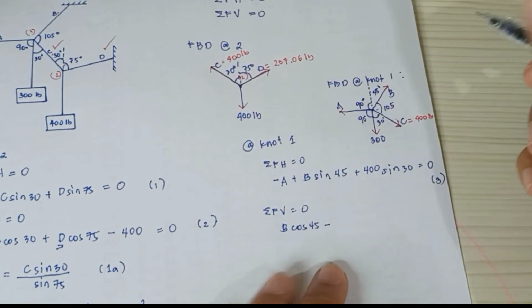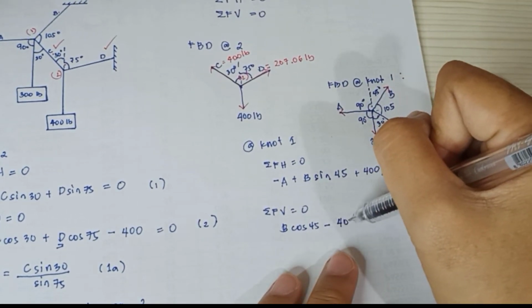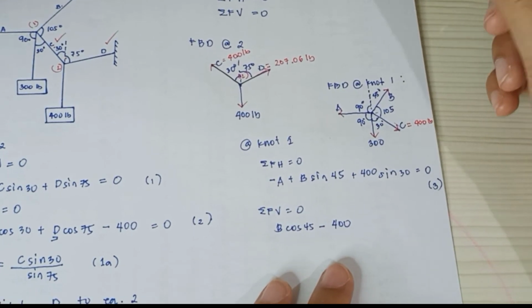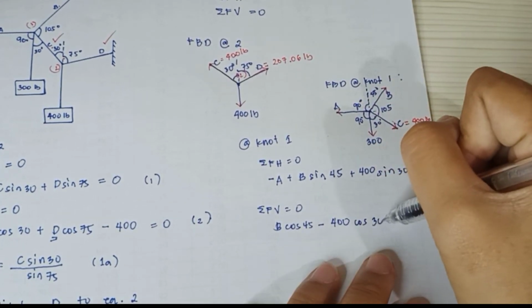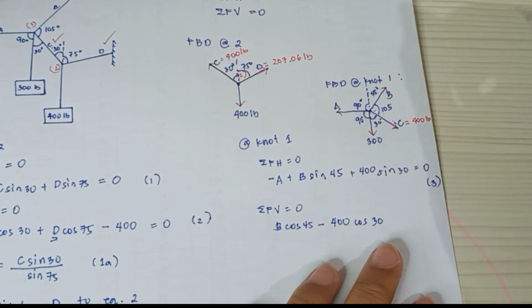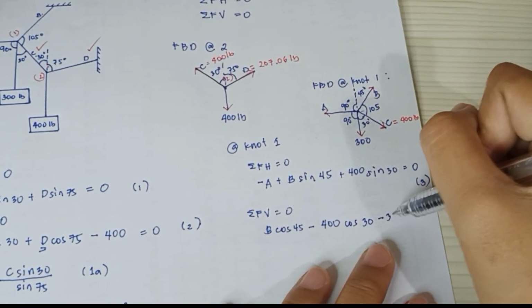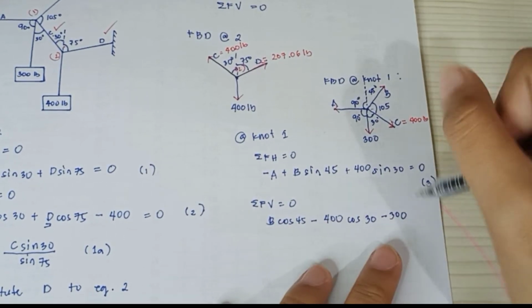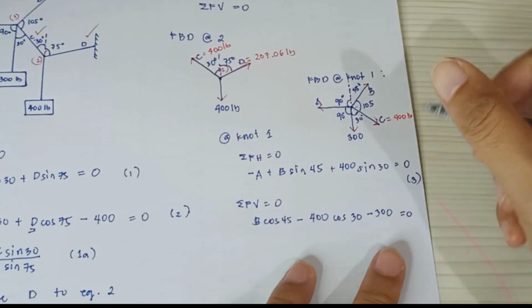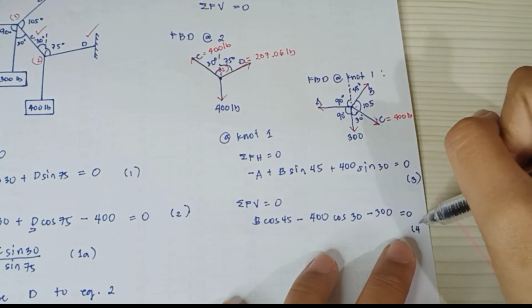So, negative or minus 400, and to be multiplied by cosine 30. What else? Yung 300. So, minus 300. Wala nang angle since diretsong perfect vertical siya. It's equal to 0. And this will be your equation 4.